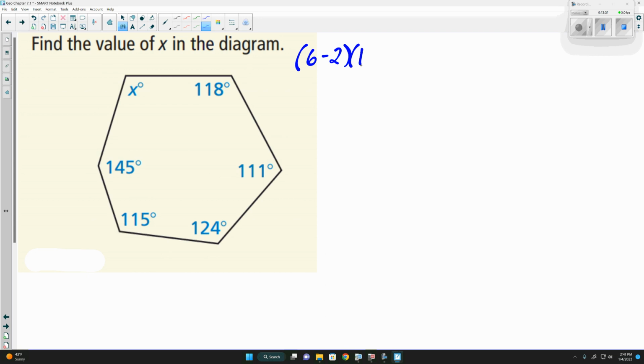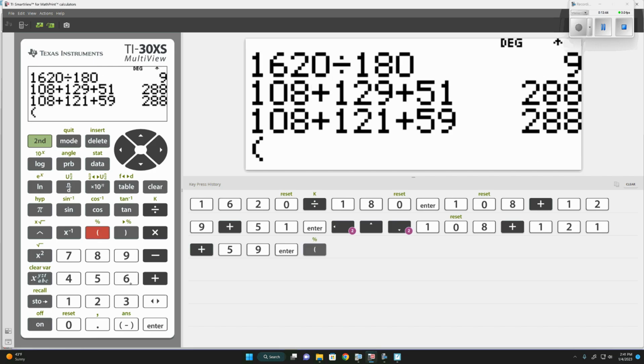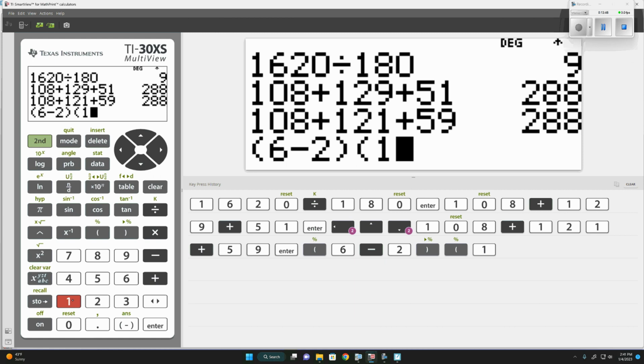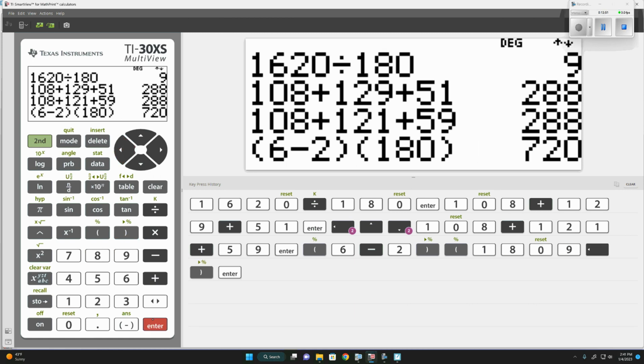So we can do 6 minus 2 times 180 to figure out what the actual sum of the interior angles is. Now we could do 6 minus 2, which is 4, and do 4 times 180. Or we can just say 6 minus 2 times 180 in the calculator and see that it is 720.